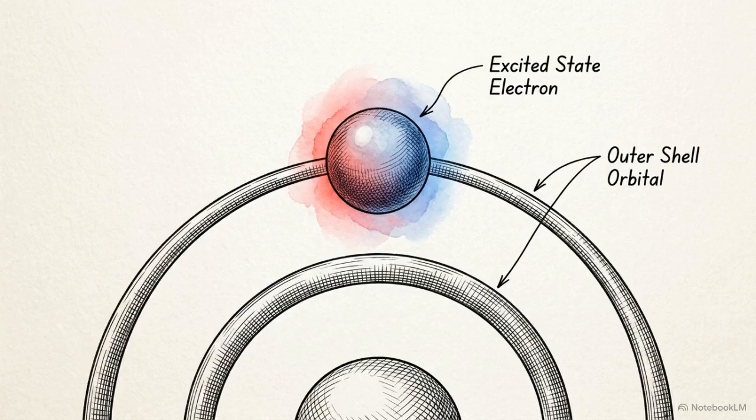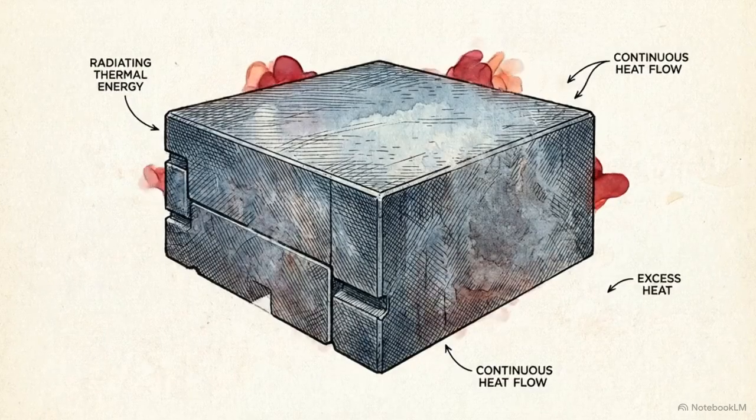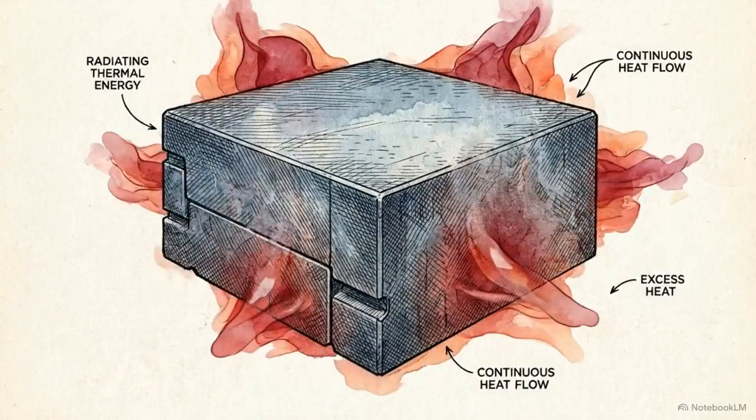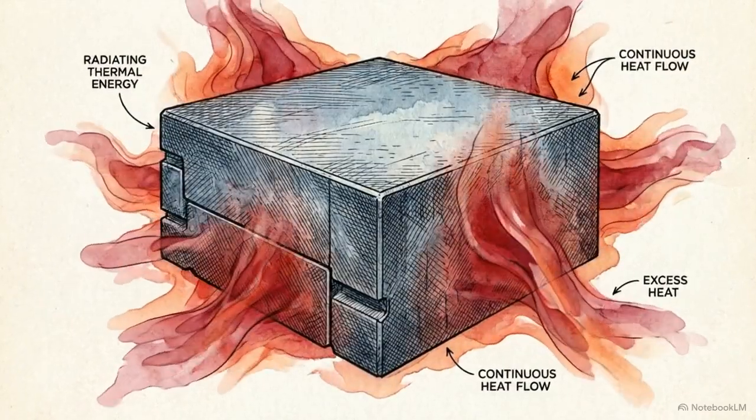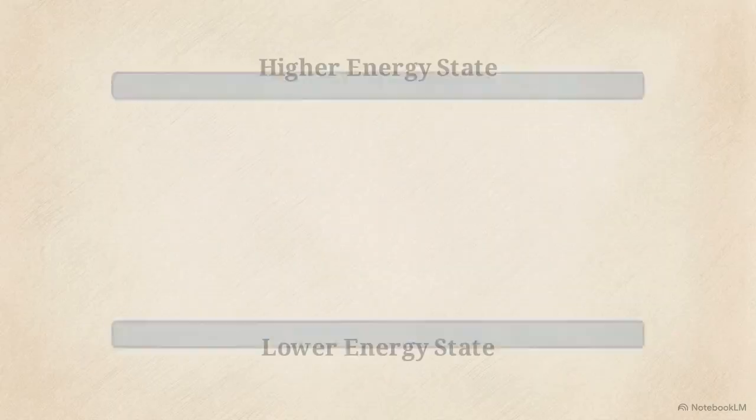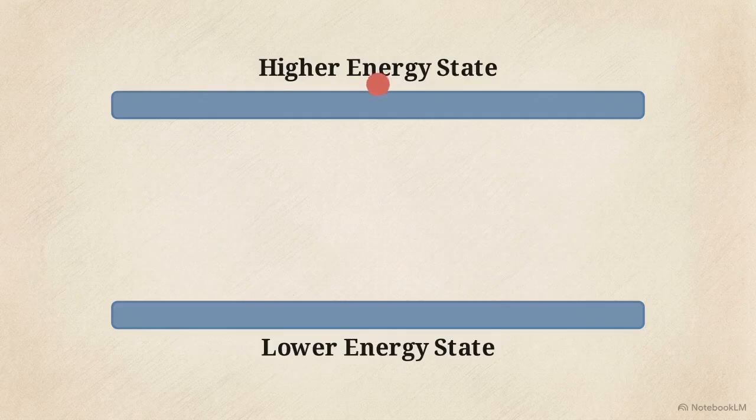This elevated state is physically unstable. An electron cannot remain up there indefinitely. The laws of thermodynamics dictate that it naturally wants to shed that excess energy and return to its baseline. Without any external prompting, the electron simply drops. As it falls back down, it ejects that stored energy outward in the form of a brand new photon.